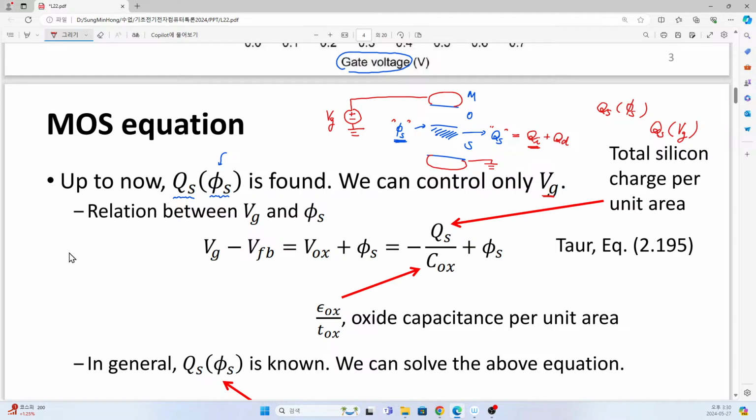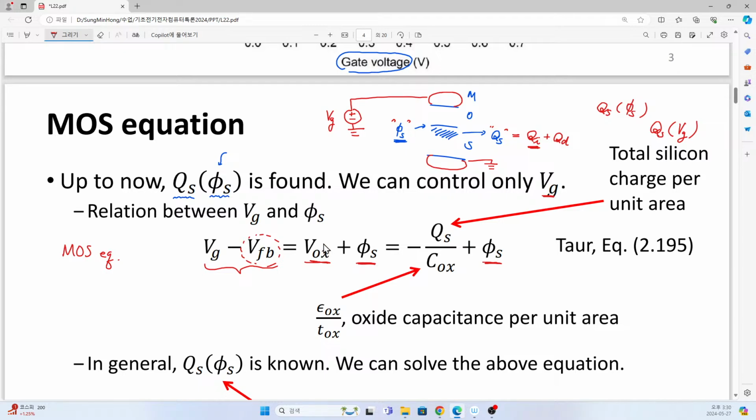So how can you do that? We can apply this MOS equation. Simply speaking, the additional voltage beyond this flat band voltage is divided into two parts, one is oxide and one is silicon. The silicon part is given here.